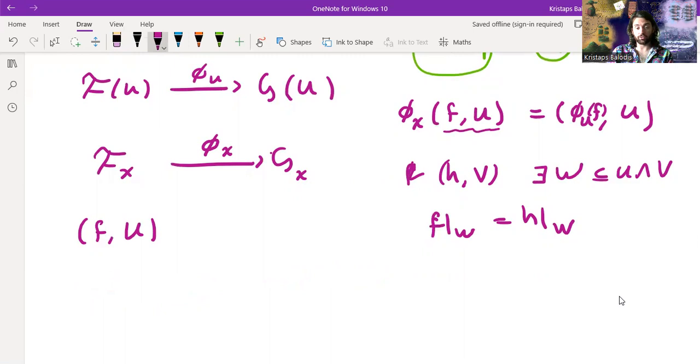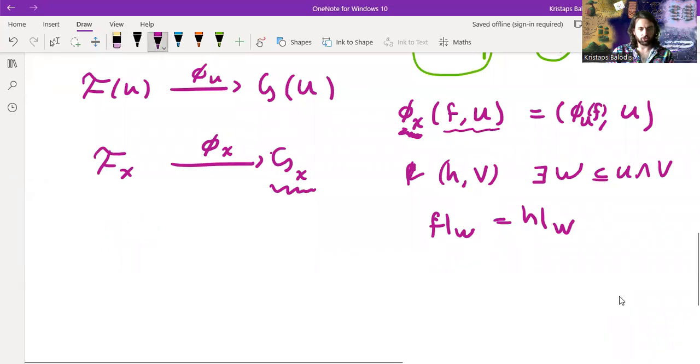So that says that (f, U) and (h, V) represent the same equivalence class. Then in order for this to be a well-defined map, it needs to be the case that applying this map to either of these pairs gives me the same equivalence class for stalks at G, right? So in other words, maybe I'll just finish the proof for you.